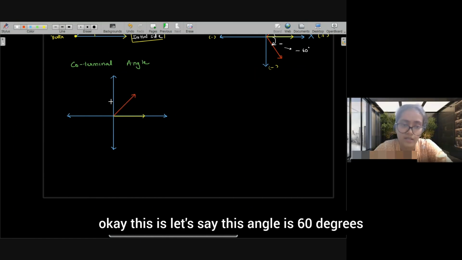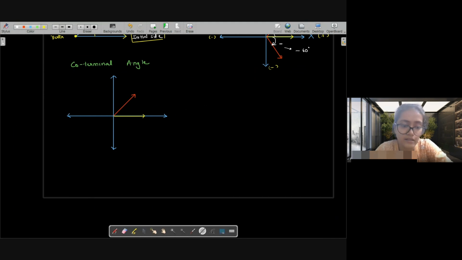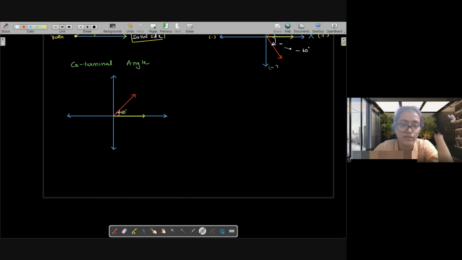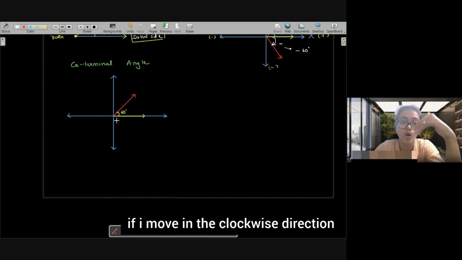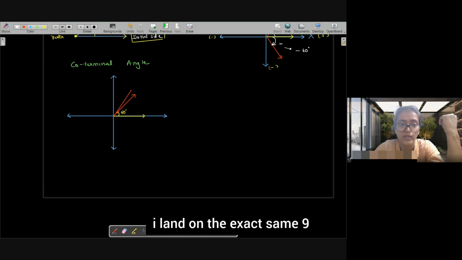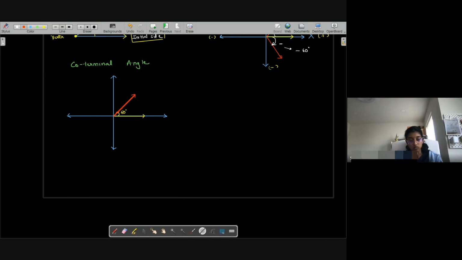Let's say this angle is 60 degrees. Now, if instead of moving in anti-clockwise direction, I move in the clockwise direction like this, and I land on the exact same line, that would be 360 minus 60, so 300.